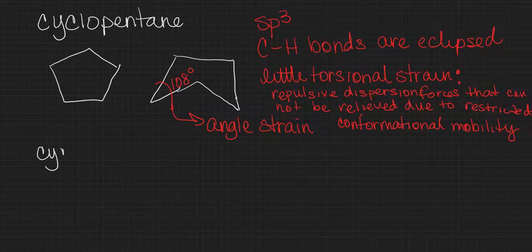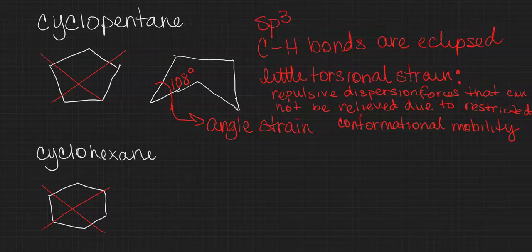Lastly, we have cyclohexane. Its flat shape is in the structure of a hexagon, but remember, we don't utilize the flat shape. So here we have cyclohexane, which is sp3 hybridized. It has a bond angle of 109.5.